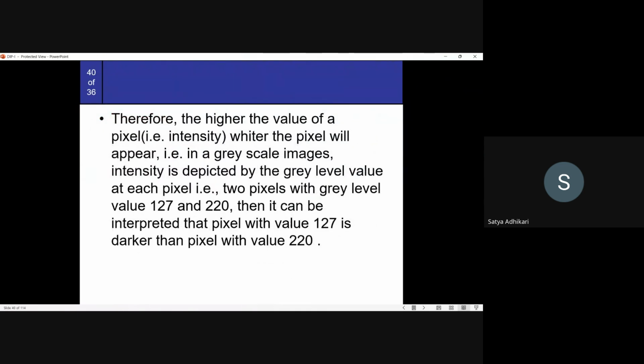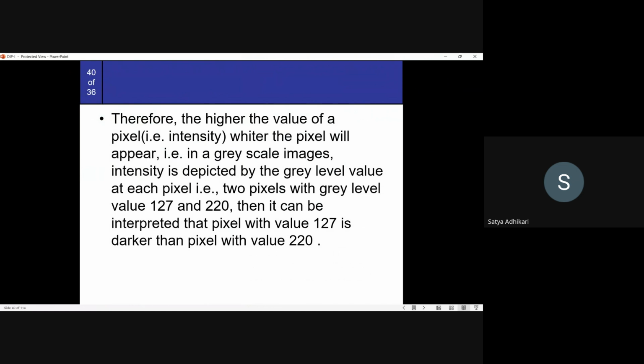Therefore, the higher the value of a pixel, the whiter the pixel will appear. A pixel having a higher value is brighter or whiter than a pixel having a low value. In a grayscale image, intensity is depicted by the gray level value at each pixel.